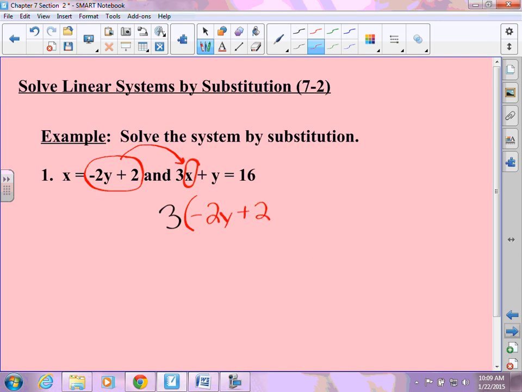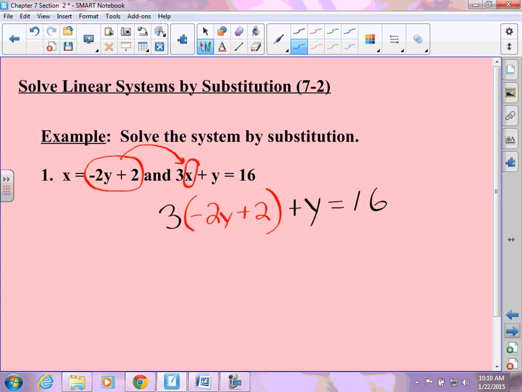So I took the x out, and I'm putting in a substitute. And then I'm going to write down that other stuff, plus y equals 16.